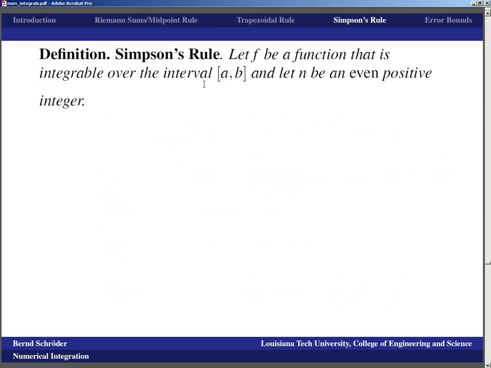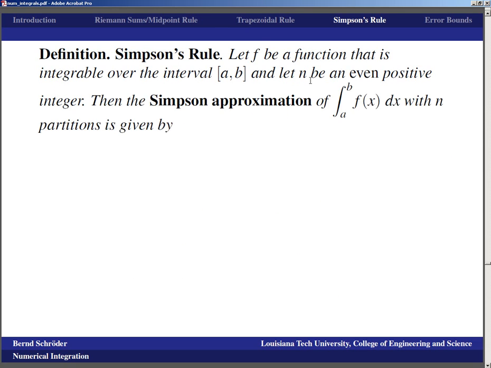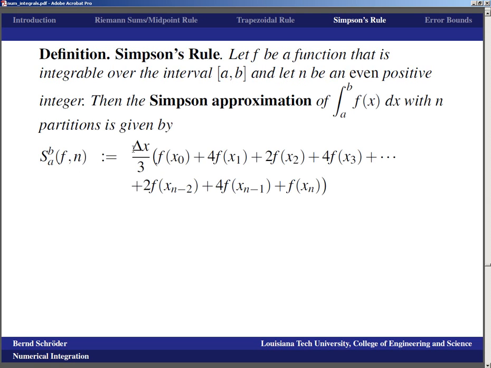Take a function that is integrable over the interval with n being a positive integer. The Simpson's approximation of the integral of f over the interval from a to b with n partitions is delta x over 3, evaluate at the 0th point, evaluate at the first, multiply by 4, evaluate at the next one, multiply by 2, evaluate at the next one, multiply by 4.